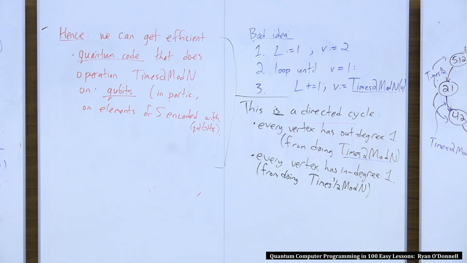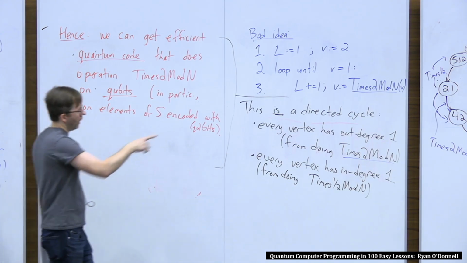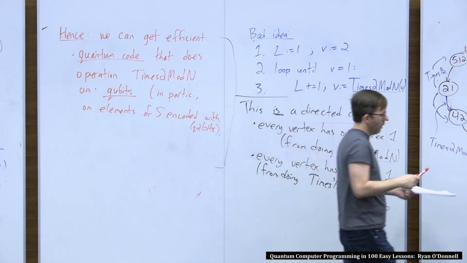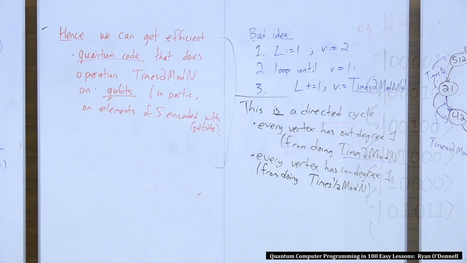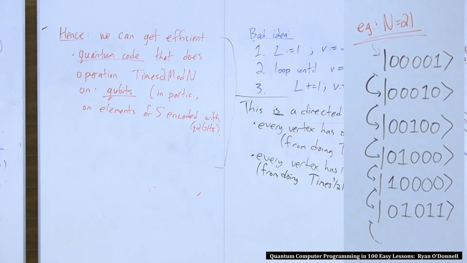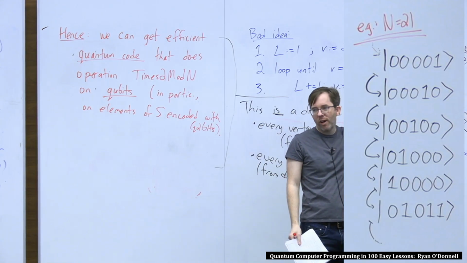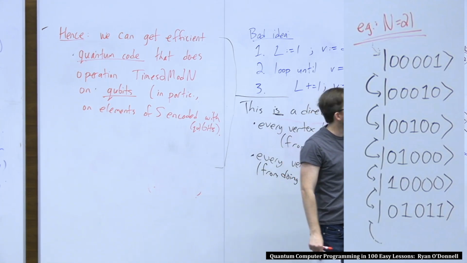Okay, so just to clarify what I mean by that, I have this handy example here. This is actually from the example where n is 21. And this little picture, so when n is 21, that's a number that I need 5 bits to store, because it's less than 32.